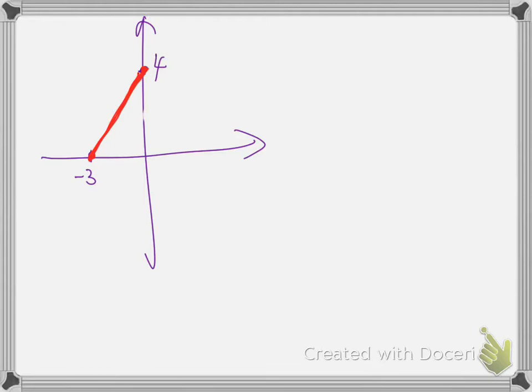You see we can use the Pythagorean theorem here because this is the right angle. So we have a right triangle in the plane. This is length 3, positive 3, negative 3 doesn't matter, that's only the direction. This side is 3, the other side is 4. So C is the hypotenuse. How much is C? 3 squared plus 4 squared is C squared.